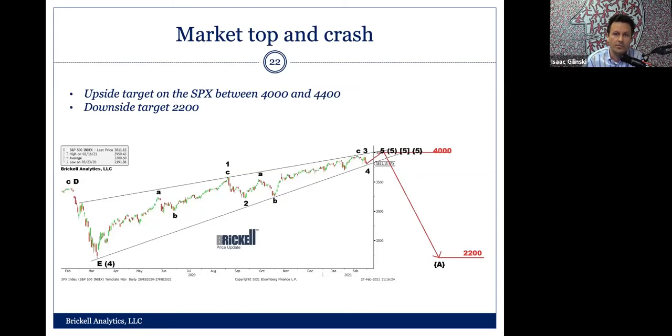So basically stock prices go down and interest rates go up, which wasn't the case in the 2000 to 2002 decline, and it wasn't the case in the 2007 to 2009 decline. Those two declines, interest rates went down, markets went down. But here you could have a situation where interest rates go up and equity markets go down. So that would be double negative for all asset classes in the end, even precious metals. The only asset class that will gain is cash or the dollar.